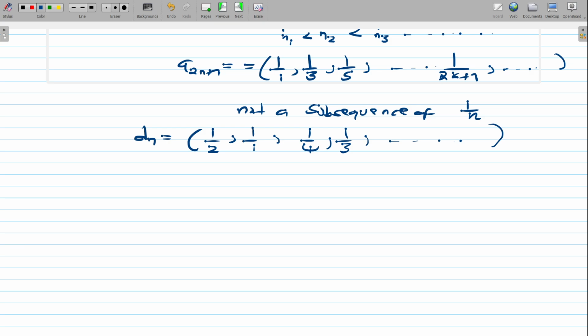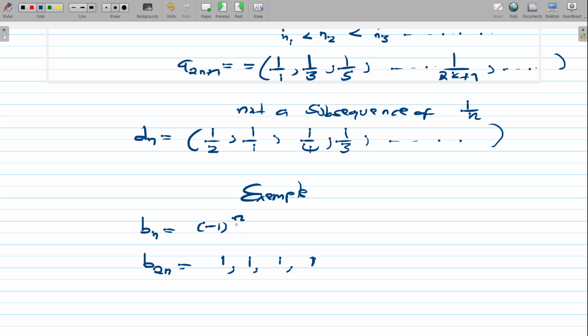Now let's give ourselves some example of this, of a particular situation. Let's say we have some sequence b sub n, which is equal to -1 to the power n. And then now two subsequences of this sequence. So we have the sequence b sub 2n, which is going to have 1, 1, 1, 1.